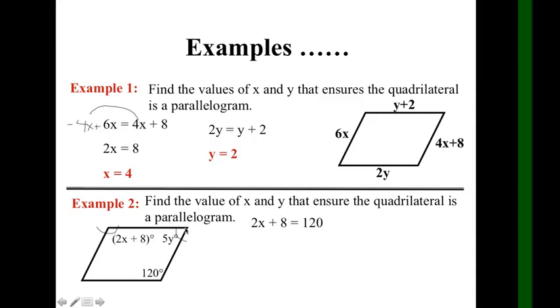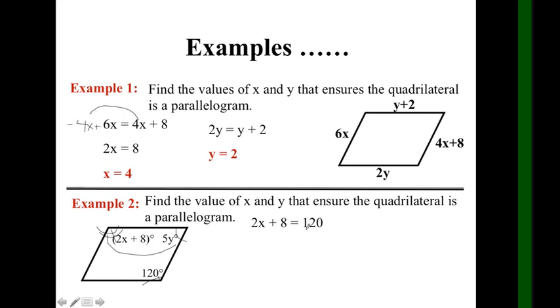By the way, consecutive pala siya, so we can do consecutive. Pwede naman pala, or pwede rin yung opposite. Marami kasing way eh. Sabi dun sa theorem, yung opposite angles ay equal.